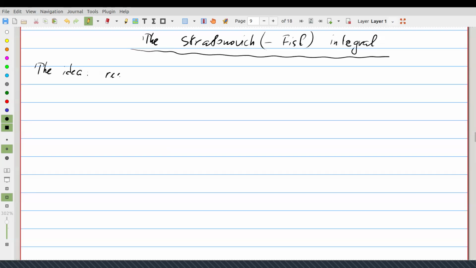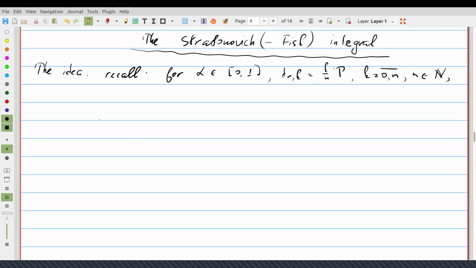But the idea. So recall that for any alpha from 0 to 1, again, t_k is going to be k divided by n times t, where k lives from 0 to n, and n is a natural number. We discussed that, it was an exercise in our course, but it's not a hard exercise, actually. It's a rather simple exercise.